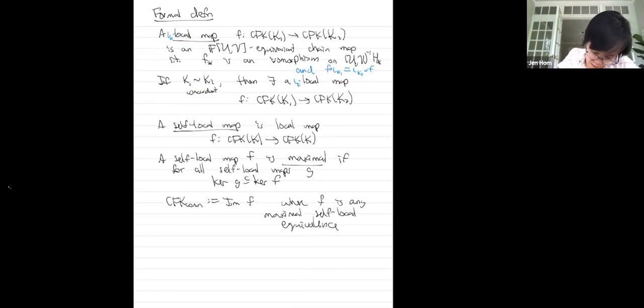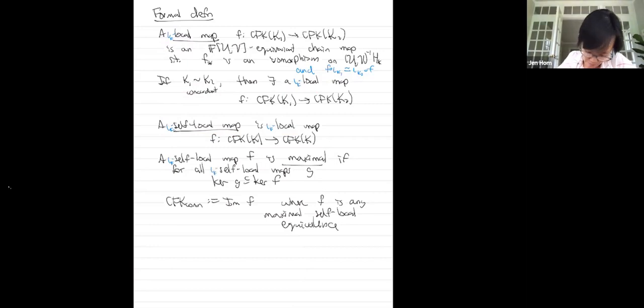And then an iota k self-local equivalence is an iota k local map from the knot Floer complex to itself. We're basically just adding iota k everywhere it makes sense to our old definition.